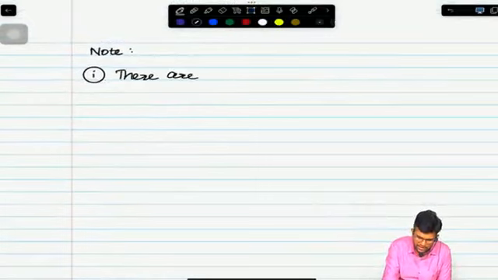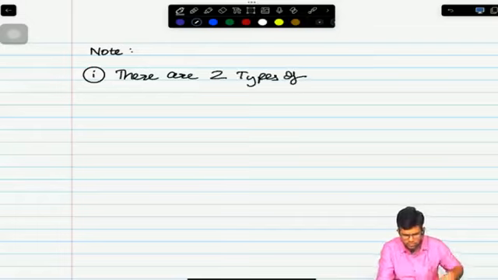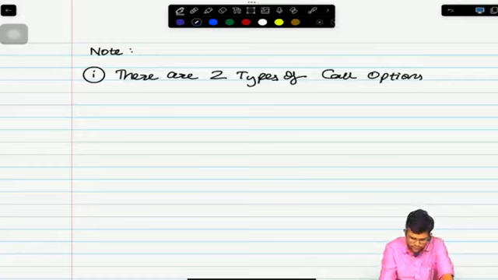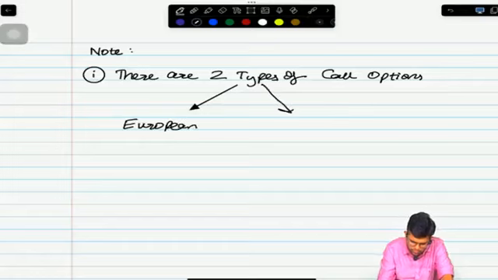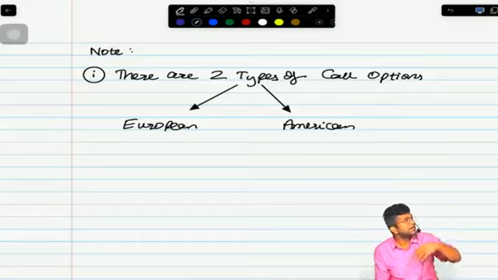There are two types of call options: European and American. This is after 8.27.